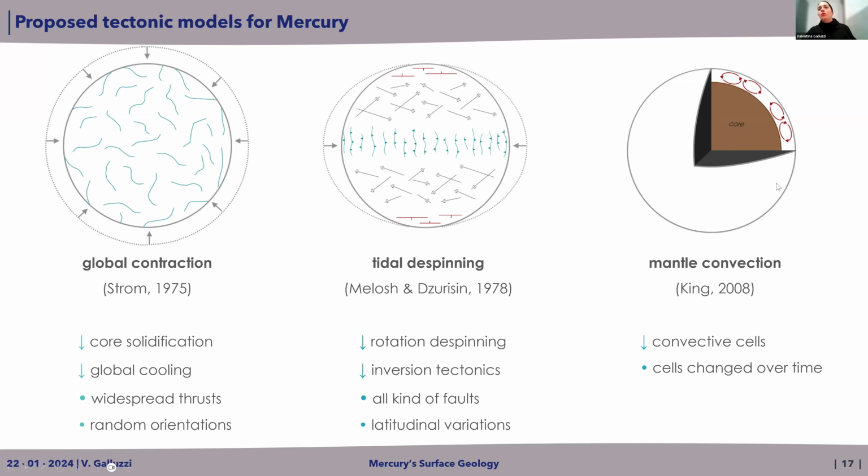Then someone also predicted mantle convection for the planet. The problem is that the mantle of Mercury is not as big as that of the Earth.